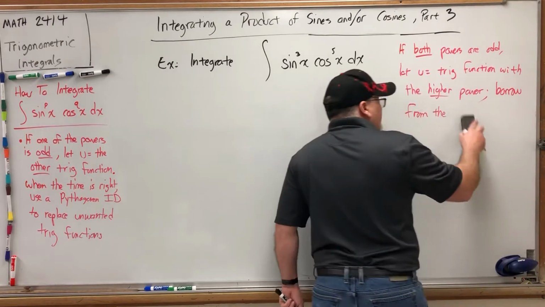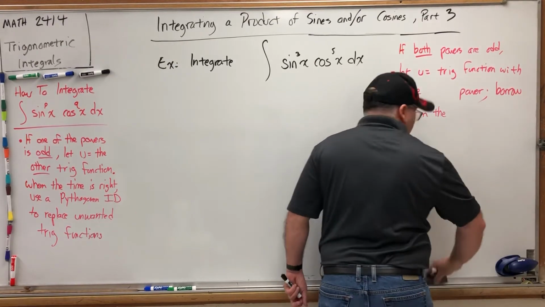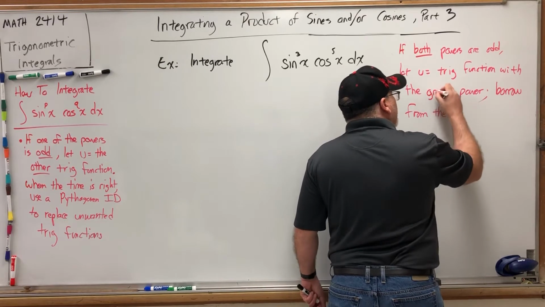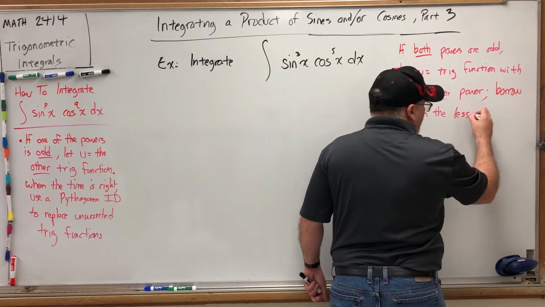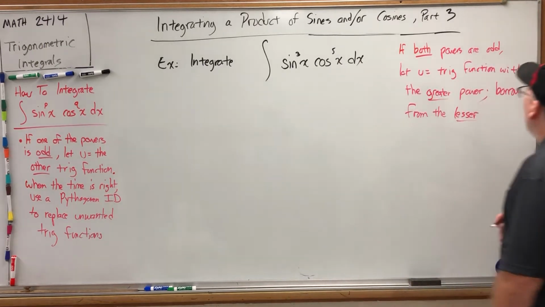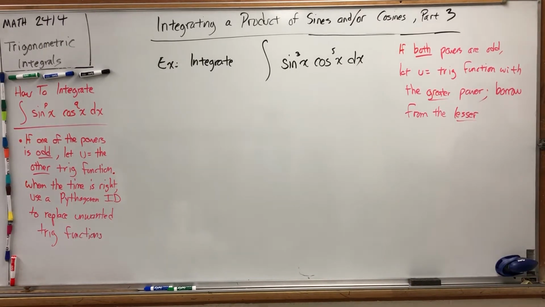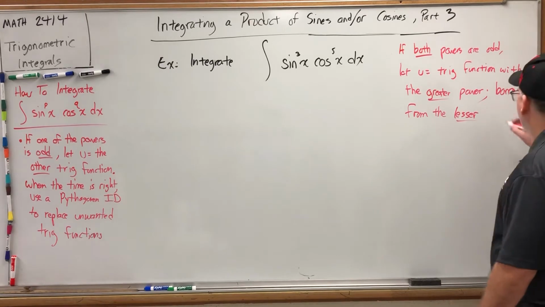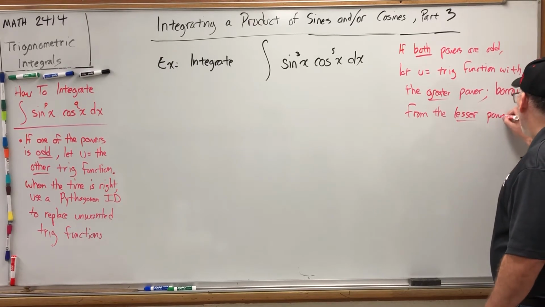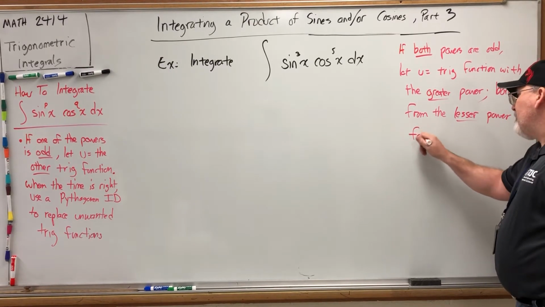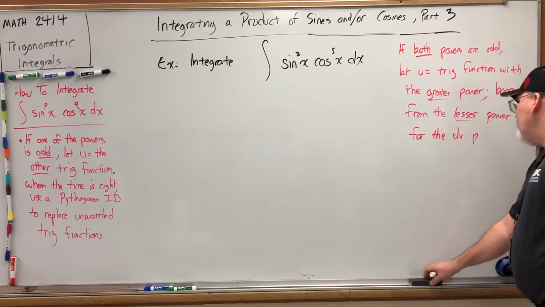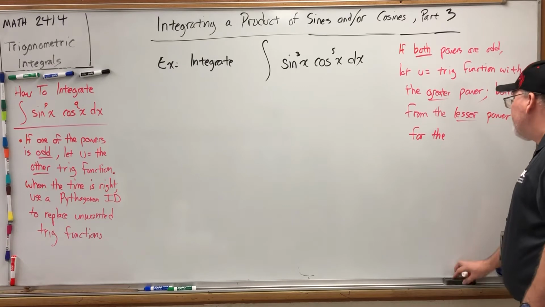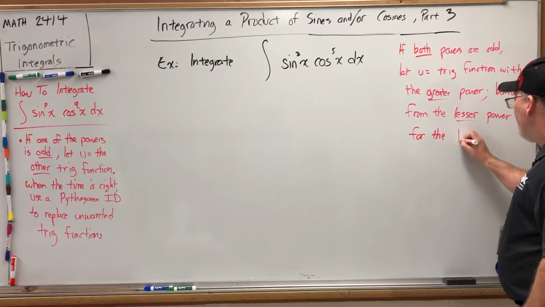I know I'm being persnickety with my adjectives, but I really should say greater and lesser, because when you compare numbers, it's greater than and less than. If both powers are odd, let u equal the trig function with a greater power, borrow from the lesser power for the du package. That will leave fewer unwanted trig functions and make the last substitution easier.